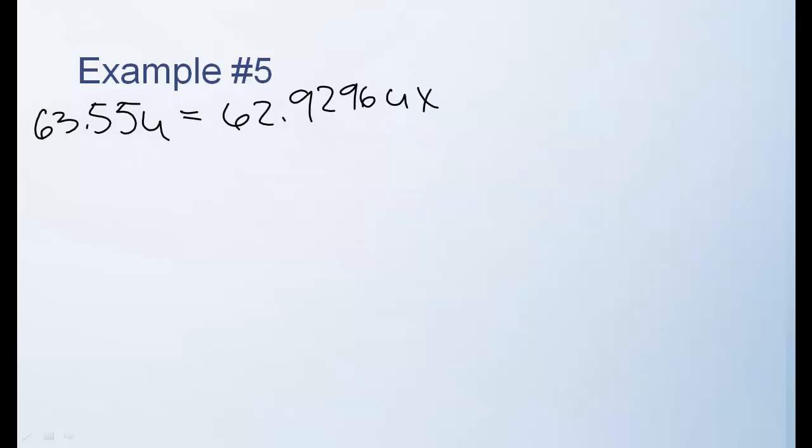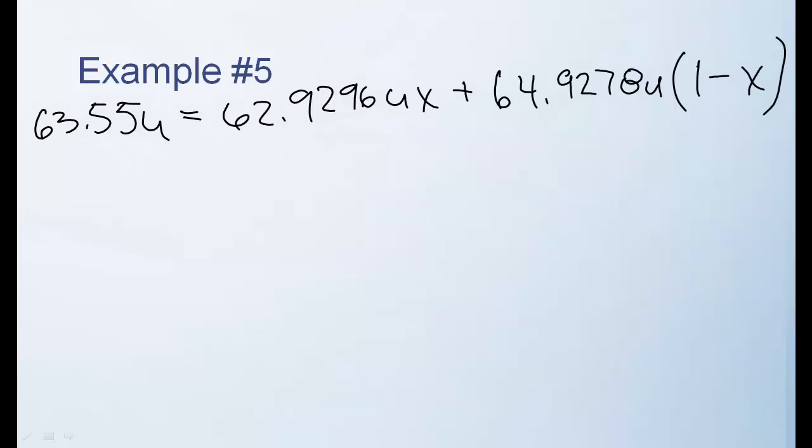I'll go on to the next slide to give myself some room. 63.55 atomic units is equal to 62.9296 u x, plus 64.9278 atomic units times, and now instead of writing y this time, I'm going to write 1 minus x. And now my equation's down to where I only have one variable.